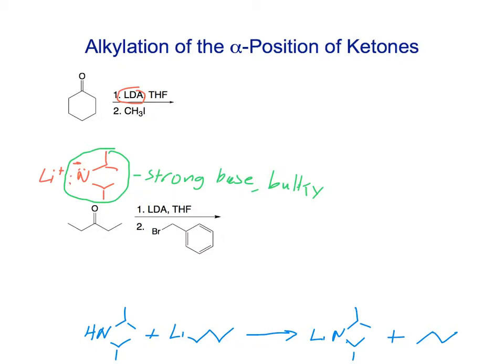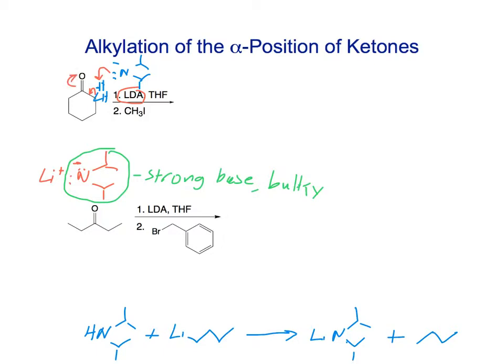So what we're going to do, first step here, we could draw out this base. We've got the minus here. This is just going to remove one of the alpha protons. So this is going to go here, and these electrons go over to the oxygen.